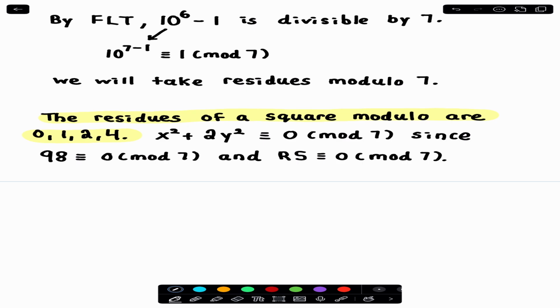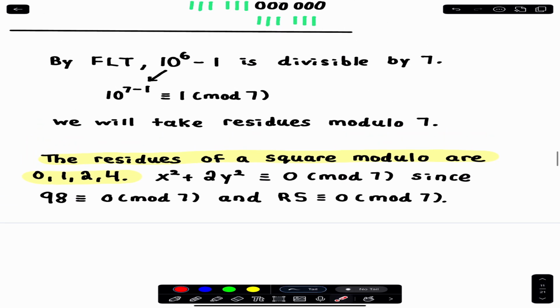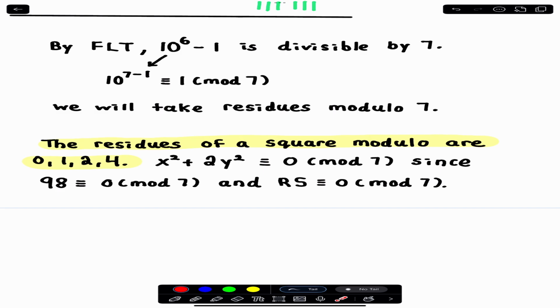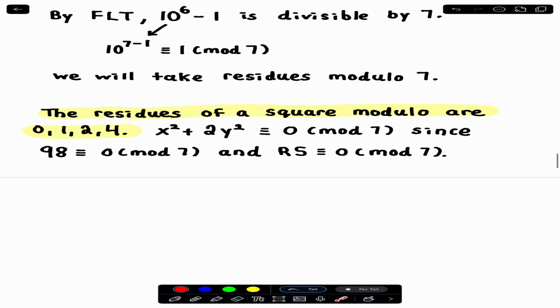But we can do better than this because we know that the possible residues of a square modulo 7 are only these 4 values. So there's only one way to get a sum of 0 mod 7 just by using these 4 possible values, and the only possibility is if both x and y are congruent to 0 mod 7.